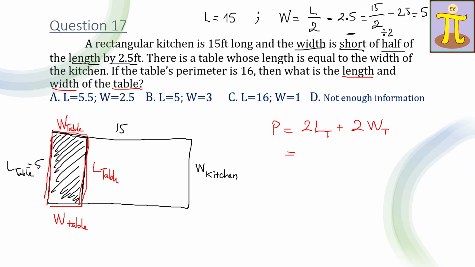The given perimeter is 16, so P is 16. 2 times the length of the table, which is the same as the length of the kitchen, is 5, so 2 times 5, add 2 times the width of the table.